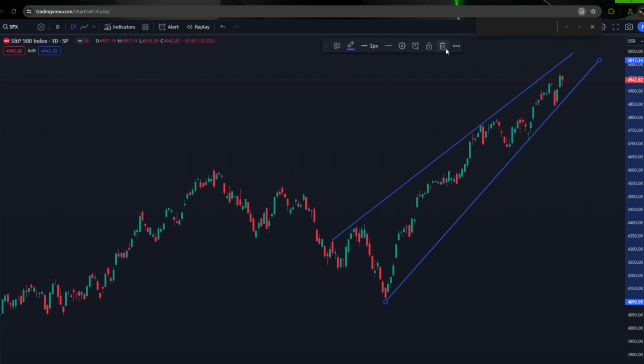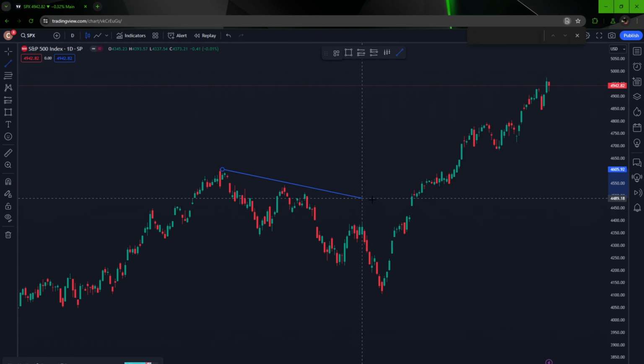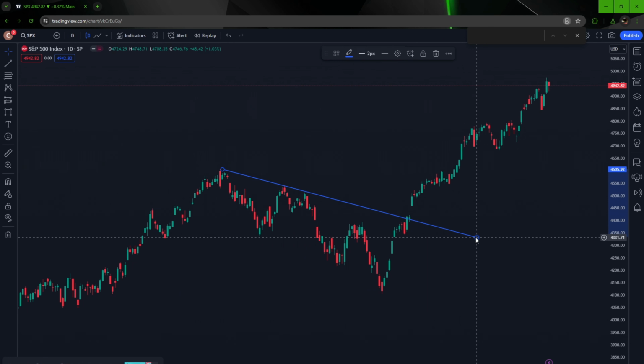Thing is, at those resistance and support levels, you can actually draw in your support and resistance, not to mention sometimes supply and demand. So that's basically why I stopped even bothering with trend lines. I can see the trend quite clearly, and then I just put my support and resistance in. But if you prefer to simply trade with a trend line system, then you can draw your trend lines in and you can trade within that trend.